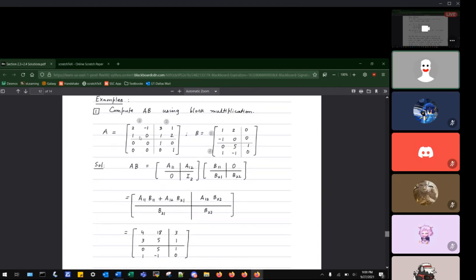And so here's an example of using block multiplication. Notice that this block is the 0 matrix. This block is an identity matrix. This is a 0 vector. Okay, yeah.